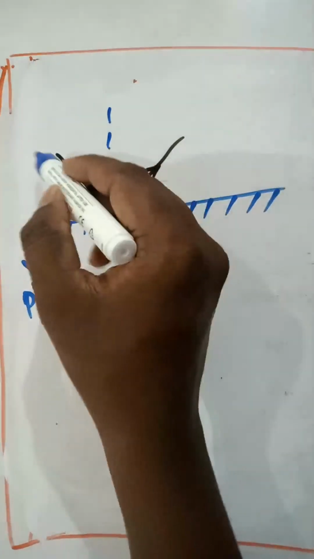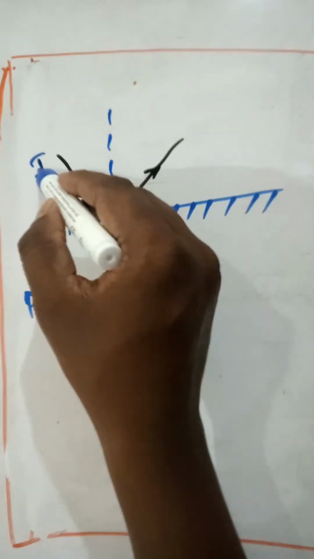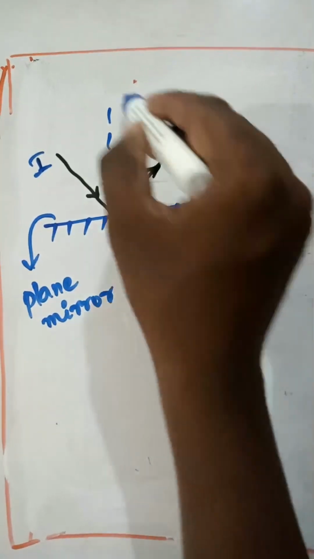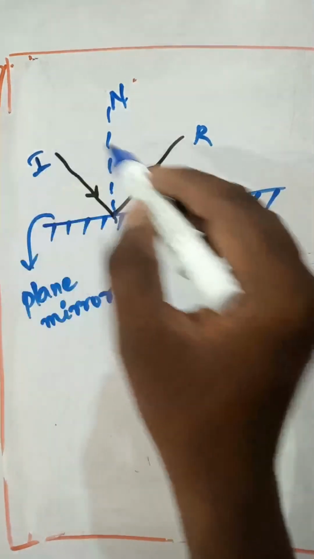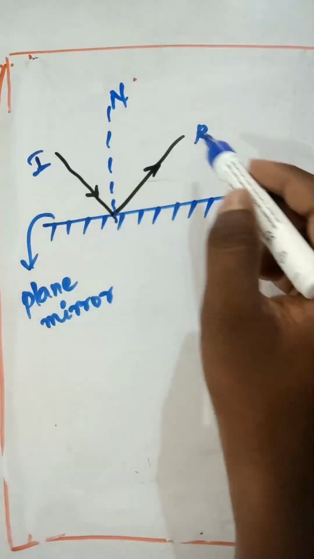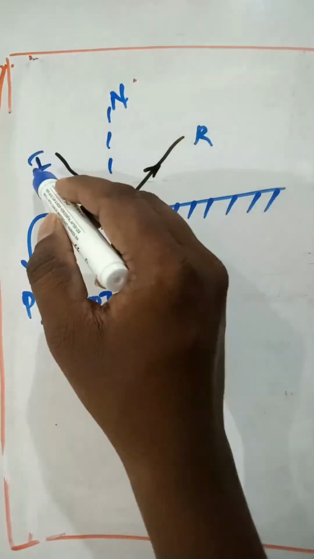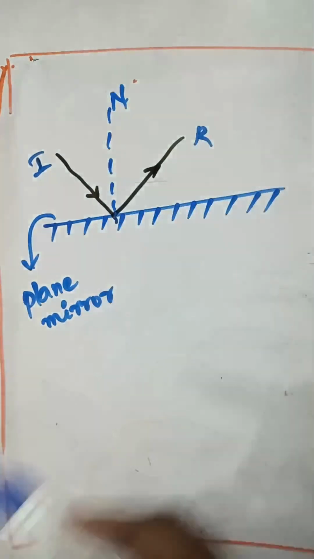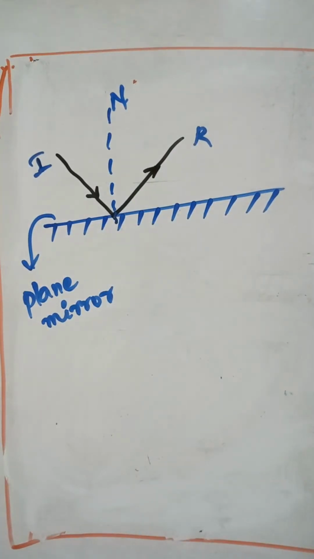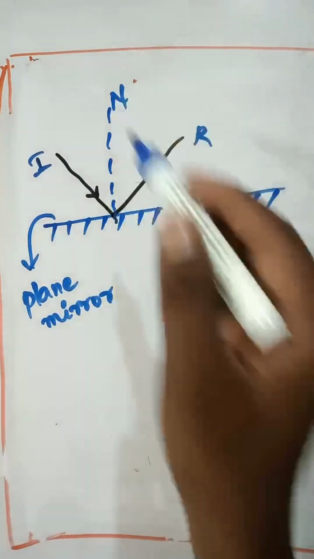This is a normal line. So: incident ray, reflected ray, normal line.